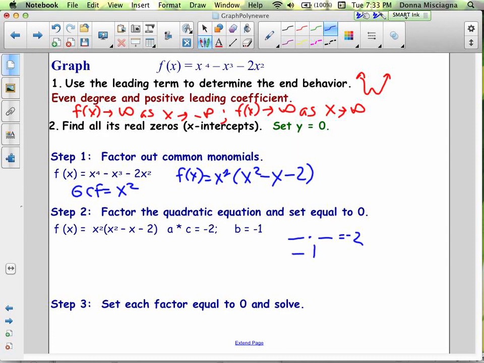And adds to give us our b term of negative 1. So if they multiply to be a negative number, one's negative and one's positive, they add to be a negative number. The larger term's got to be negative, and 2 has only that as factors. That's it. So 2 times 1, negative 2 is the only thing equals 2. We want negative 2, so it's going to be negative 2 times 1. And negative 2 times 1 is negative 2, and negative 2 plus 1 is negative 1.